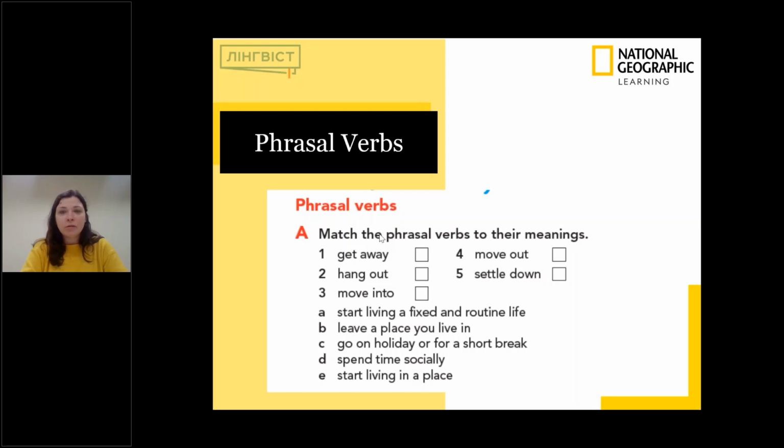Hang out: spend time socially. Very great explanation, by the way. Move into: start living in a place. Move out: leave a place you live in. And settle down: start living a fixed and routine life. Well done.